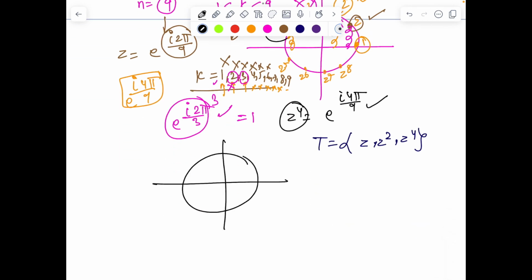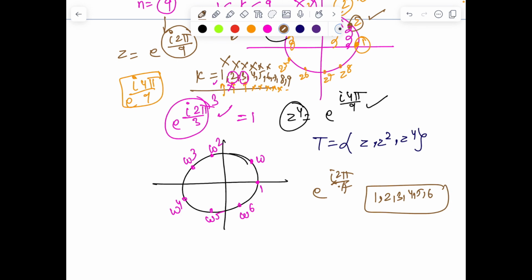Now in exactly the same way I can find set S, the primitive 7th roots of unity. You know it will divide the circle into 7 parts. So let's call them omega, omega square, omega cube, omega 4, omega 5, omega 6 and we have omega 7 as well. Now here again, omega is e to the power i 2 pi by 7.